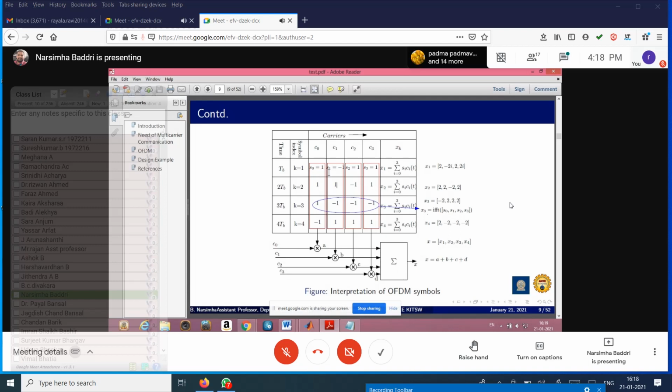And if you see it row-wise, if I perform IFFT on this row, this row, this row, IFFT of 4 individual rows, the IFFT of the first row is X1, the second row is X2, the third row is X3, the fourth row is X4. If you arrange all these symbols X1, X2, X3, X4 side by side, or append them, X will be the transmitting signal. So both will give the same.